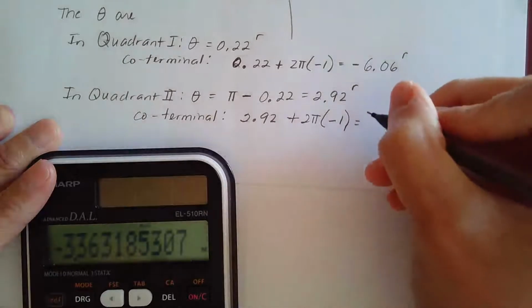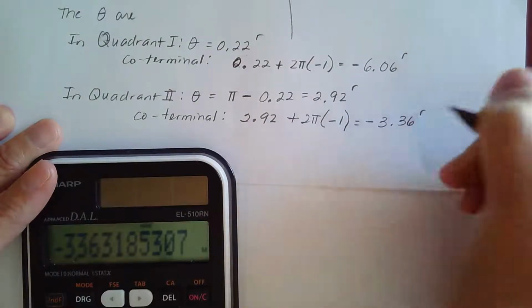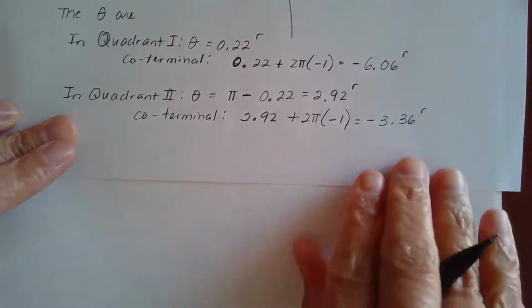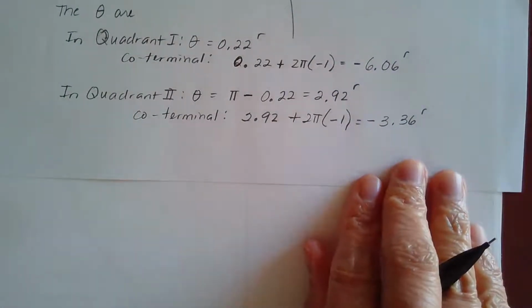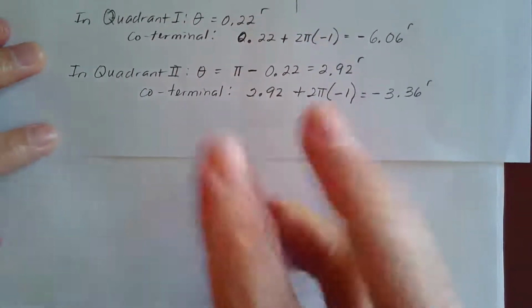We're going to get negative 3.36 radians.